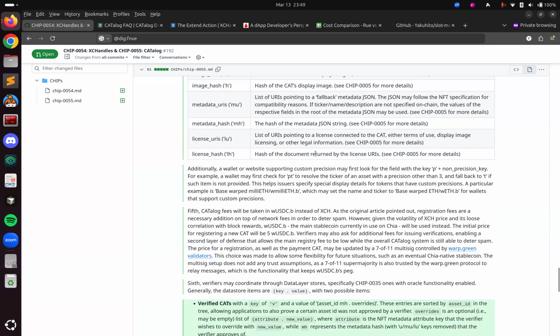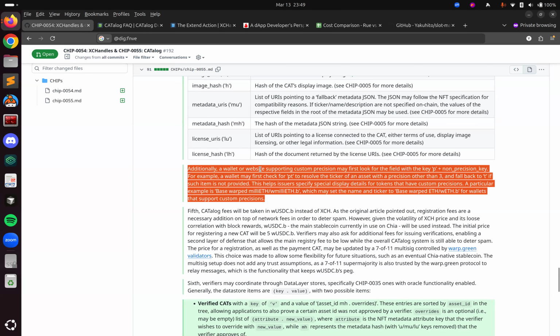I would say the interesting detail here is that we are adding a precision field. So by default on Chia, all cats have 3 decimal places, but that's only a front-end convention. And if you keep adding decimals, it gets very expensive to mint a high number of cats with those decimals.